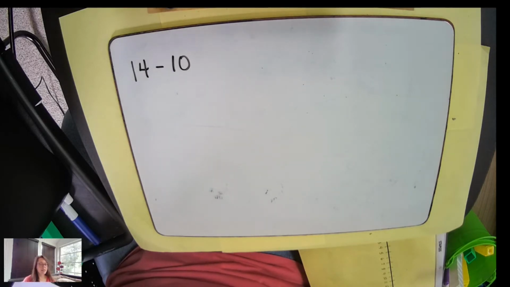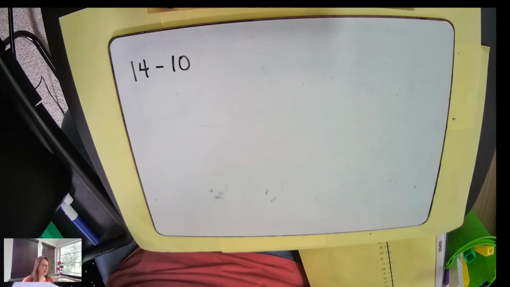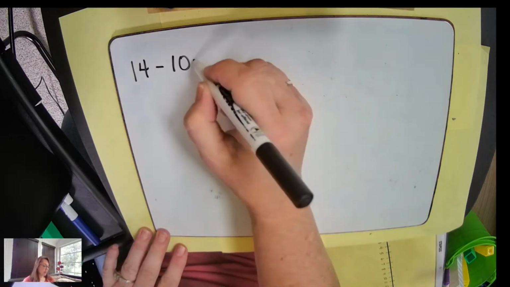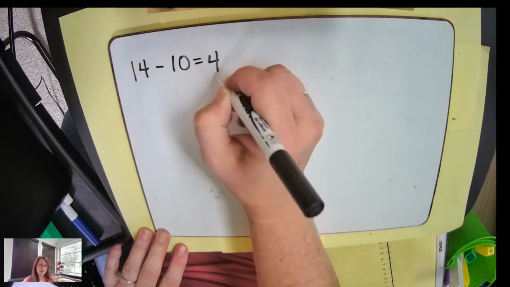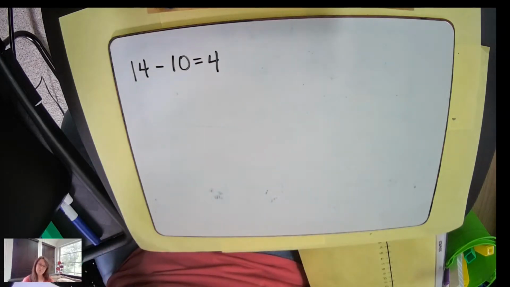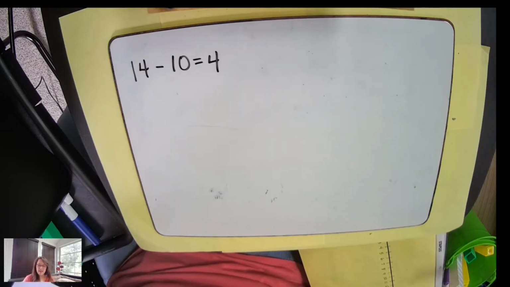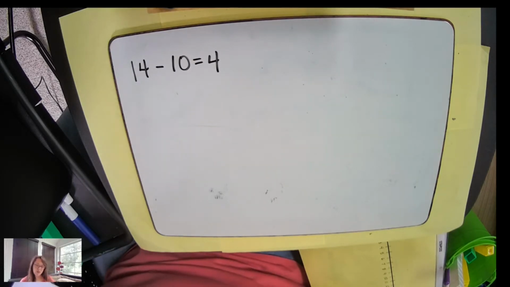Do we agree or disagree with 4? It seems that we all agree that the answer to this problem is 4. Can you describe the strategy that you use to solve this problem?